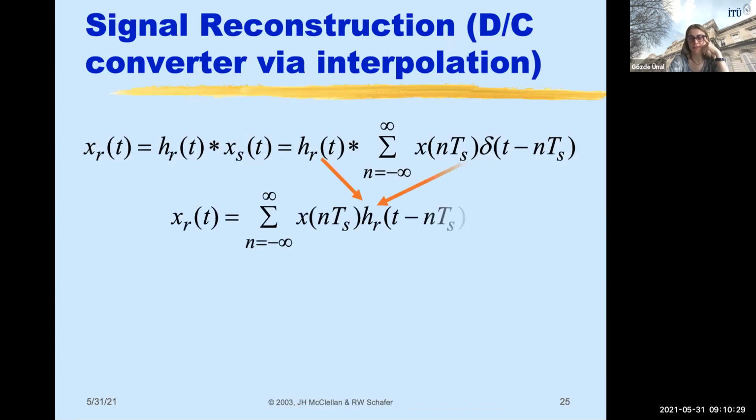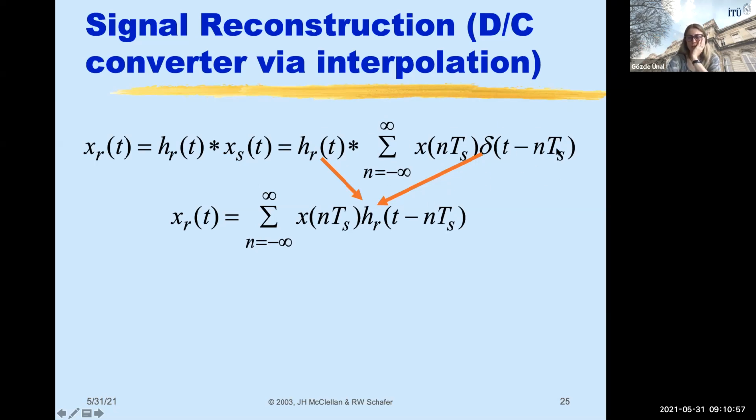Okay, you will see that here. What we do in time domain is convolve this interpolation filter hr of t, which is the sinc, with the sampled signal. And remember, the sampled signal has this form. It's the samples at multiples of Ts, separated by the sampling period Ts, times shifted impulses.